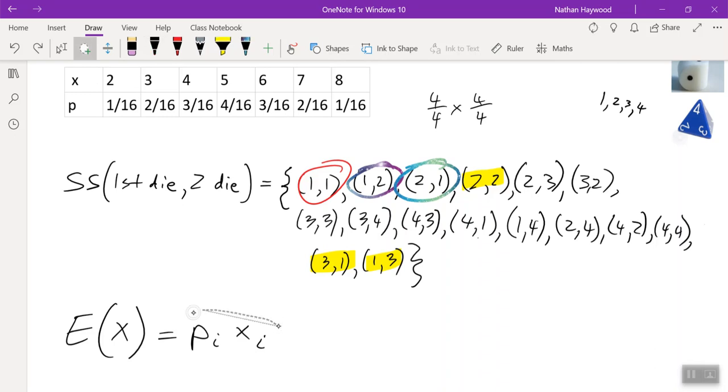So we have to put the thing out the front. What's the thing out the front of that? Capital sigma, or the sum of every p times x.